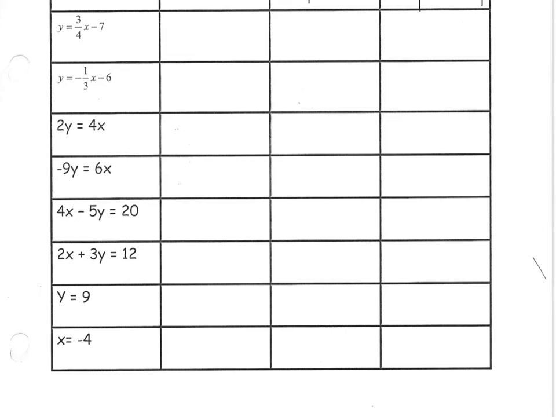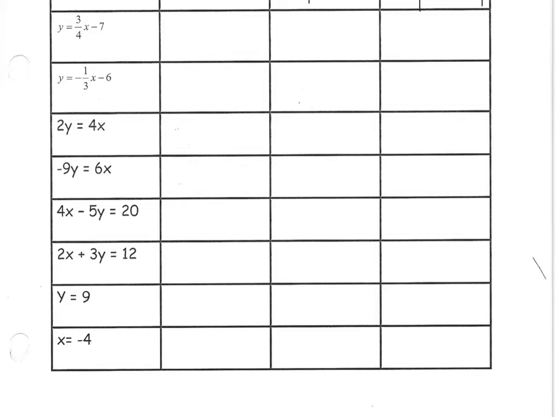I'm going to start off right here, 2y = 4x. Now, if you will notice, there's a couple things different about this one. One, we don't have a b, but I told you on these, b doesn't matter, so I don't care at all about b. But if you'll notice, there's a number in front of y. We need this in slope-intercept form, y = mx + b, so we need y all by itself.